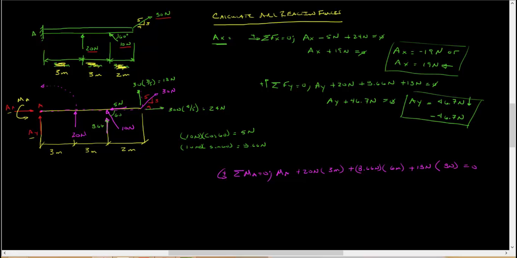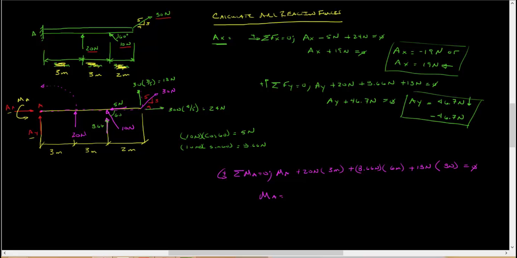And that's all equal to 0. So you have 60 plus 51.96 plus 18 times 8, which is 144.